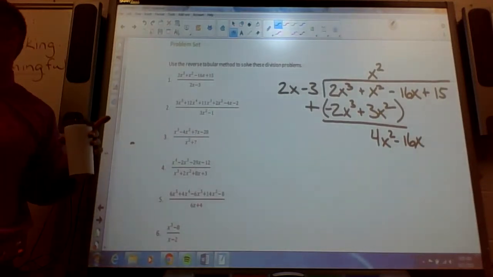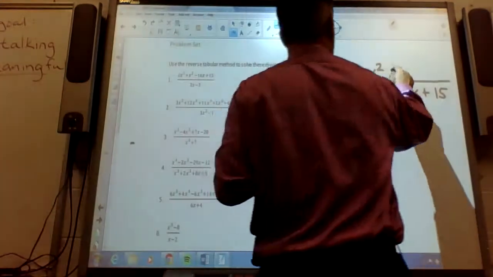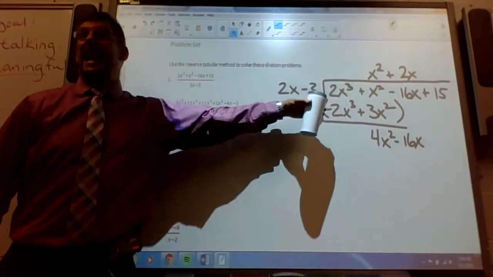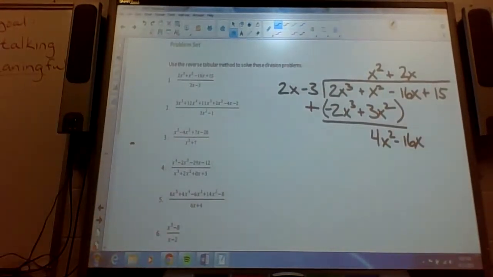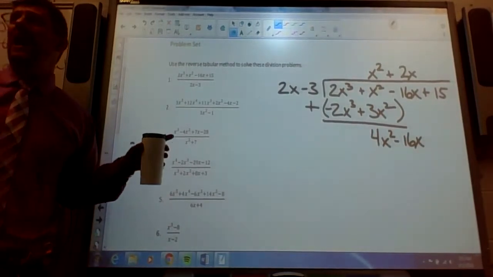Positive or negative? Very good. Plus 2x. And I'm taking that and multiplying it by my divisor, which is 2x cubed.